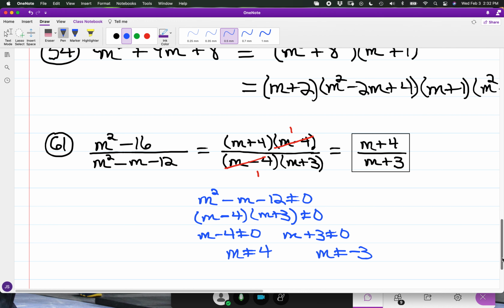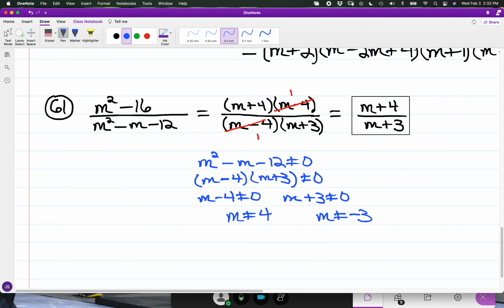Let me mention that the restricted values, the restriction, comes not from the simplified version, but from what we have originally. In other words, the restricted values will be both 4 and negative 3.